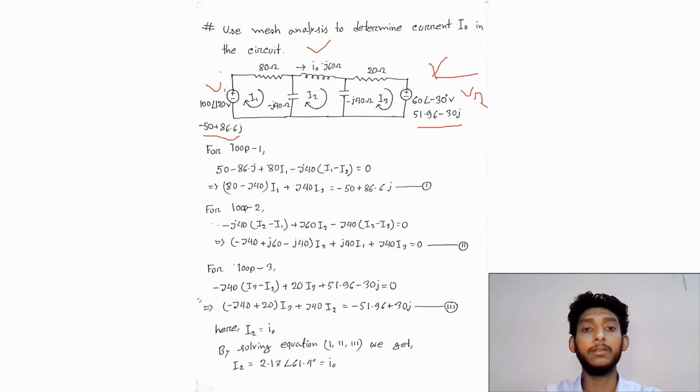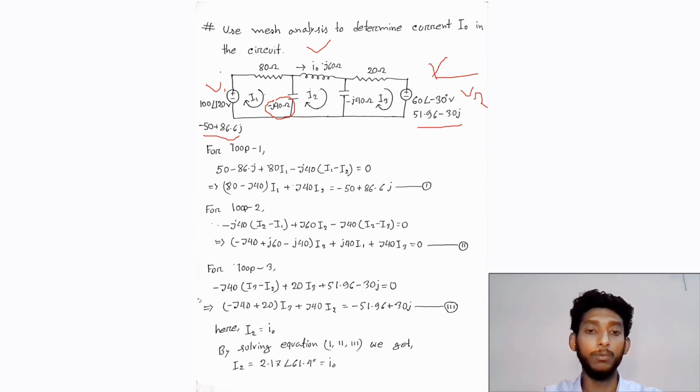For loop 1 we need to write this equation: 50 minus 86j plus 80i minus j40 into (i1 minus i2), because this j40 impedance is shared by i1 and i2 currents, and we will finally get equation 1. For loop 2 we will get this equation: minus j40 plus j60 minus j40 into i2 and j40 i1 plus j40 i3 equals 0.